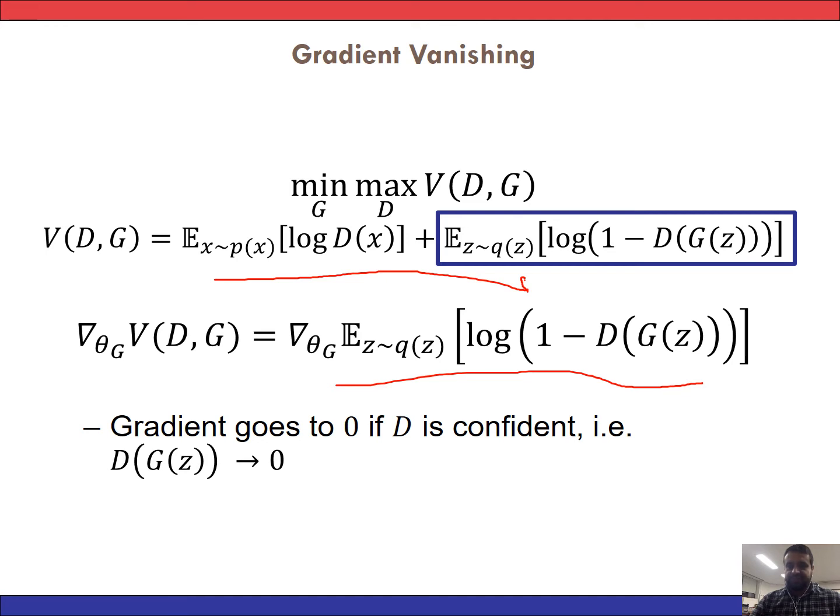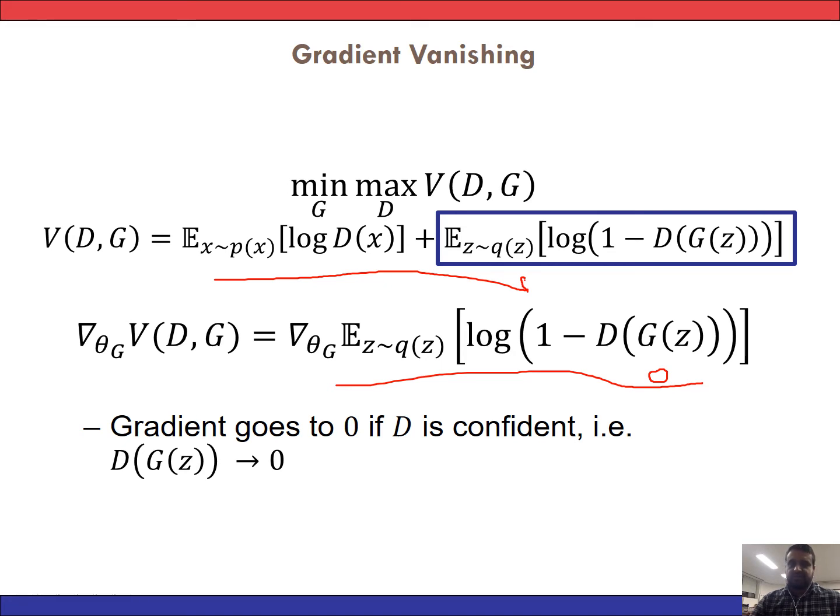So when the discriminator is very confident, and we provide the generated image to the discriminator, if it classifies it as 0, then if we put 0 here, log of 1 minus 0 becomes log of 1, and log of 1 is 0. When this is 0 and the gradient is 0, then once the gradient is 0, we cannot propagate back the error.